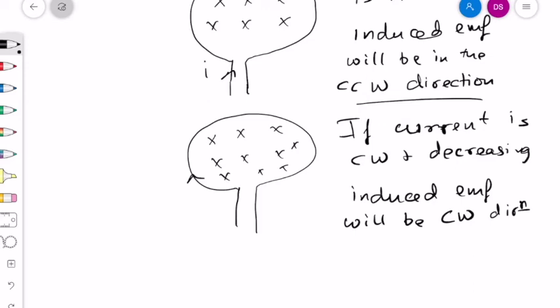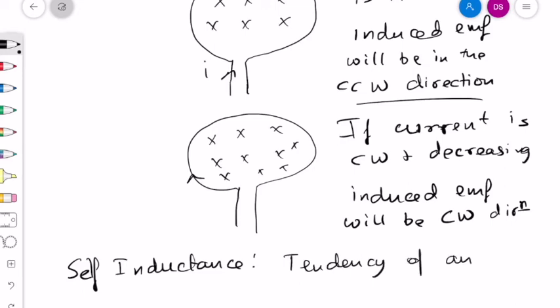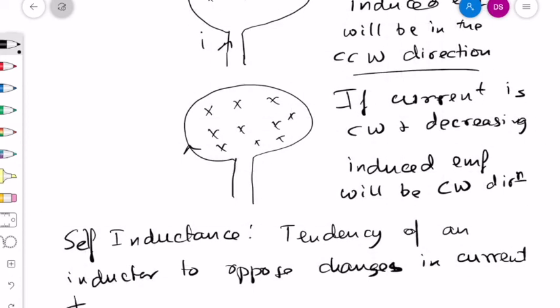So another way of defining self-inductance is the tendency of an inductor to oppose changes in current through it. And we saw a very simple example with a single coil of wire, right?